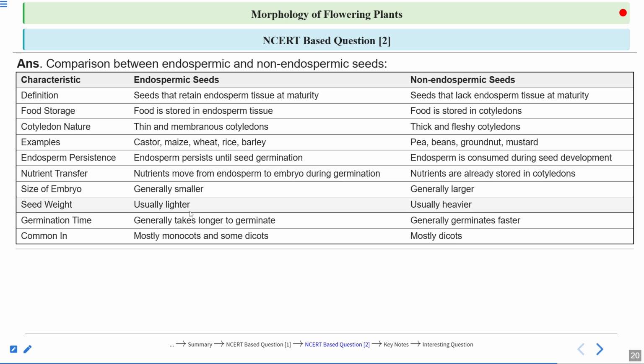Seed weight: usually lighter and usually heavier. Germination time: generally takes longer to germinate, and they germinate faster. Endospermic seeds are common in mostly monocots and some dicots, whereas non-endospermic seeds are mostly dicots.